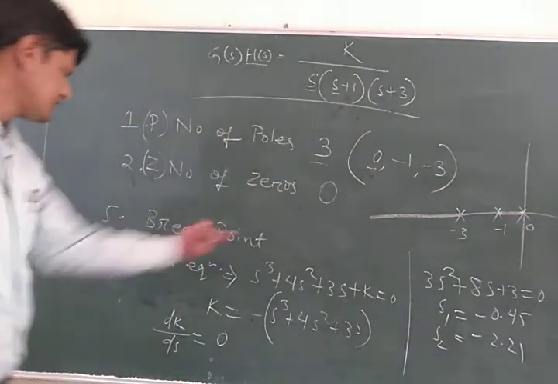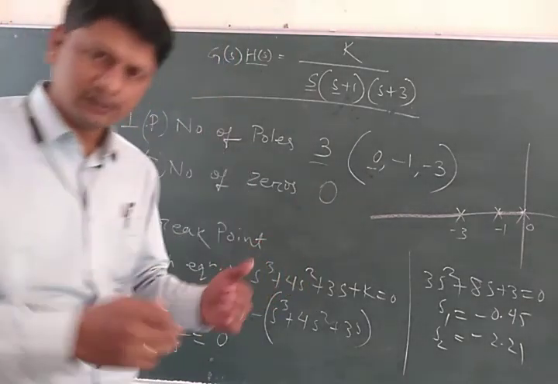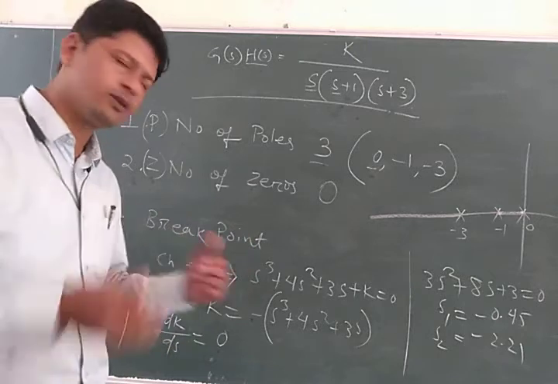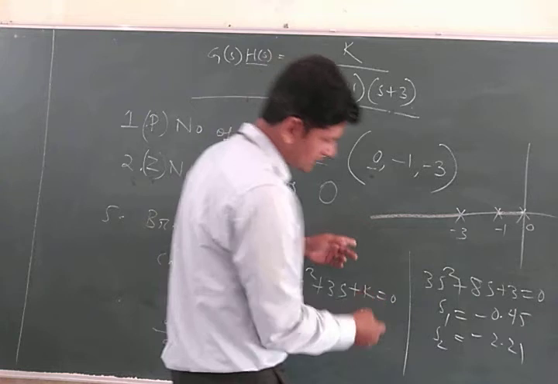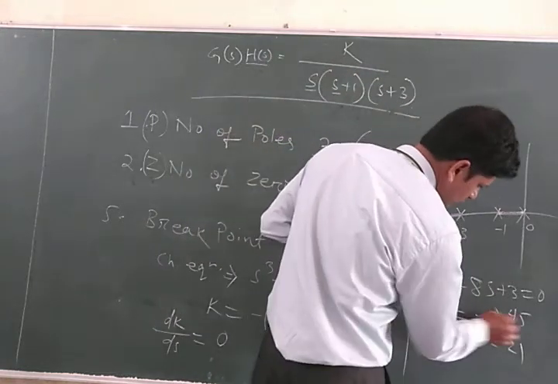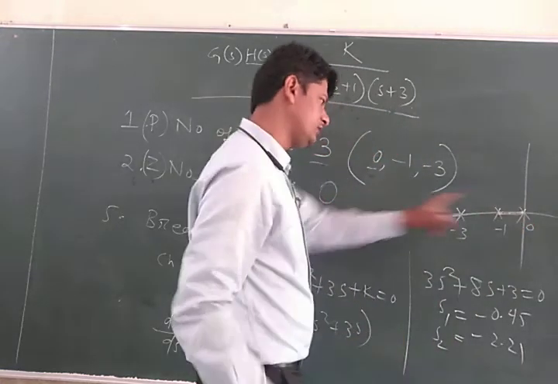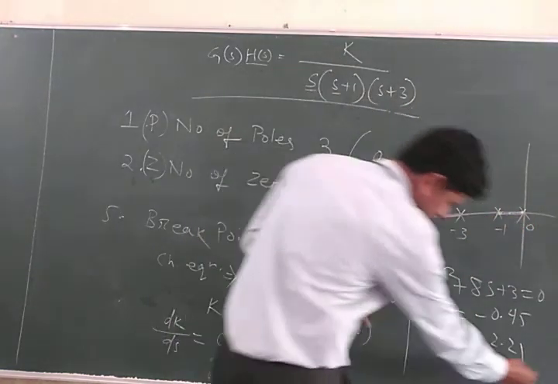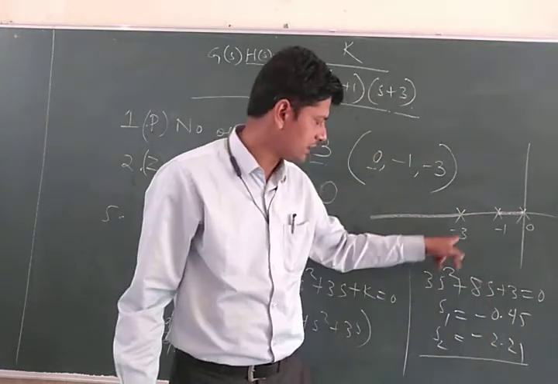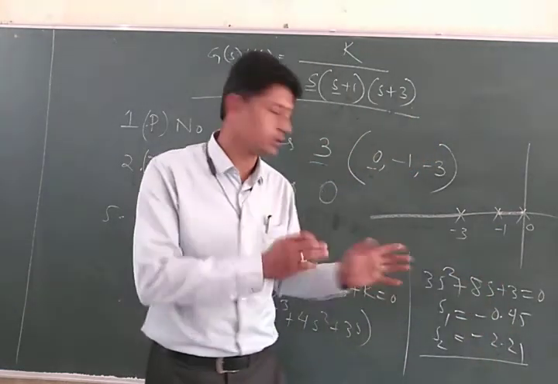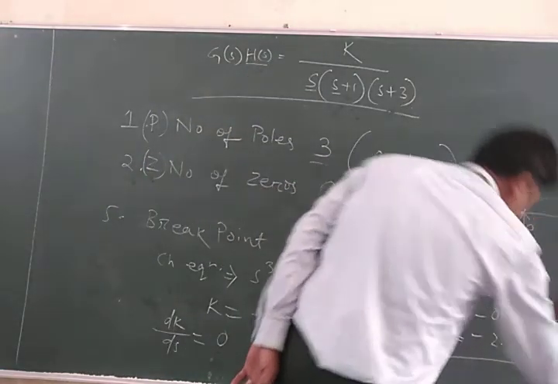The definition of breakpoint says that it is a point where two or more root locus branches come in and depart. We can verify that the point minus 0.45 lies where root locus exists, but minus 2.21 lies between minus 1 and minus 3, where the root locus does not belong. So this is an invalid solution, and the other is the valid solution.